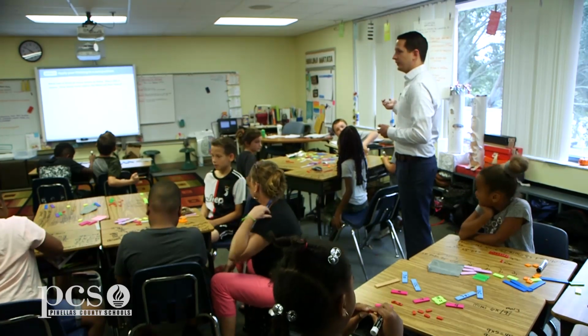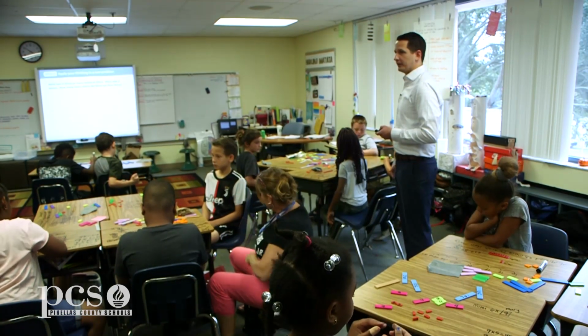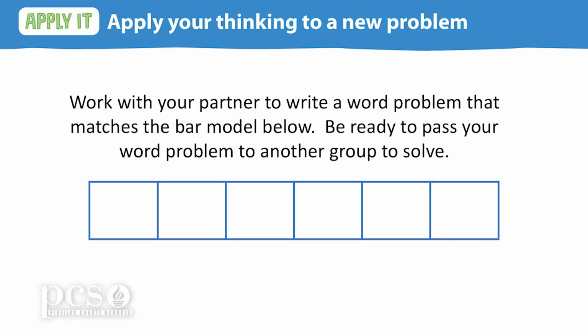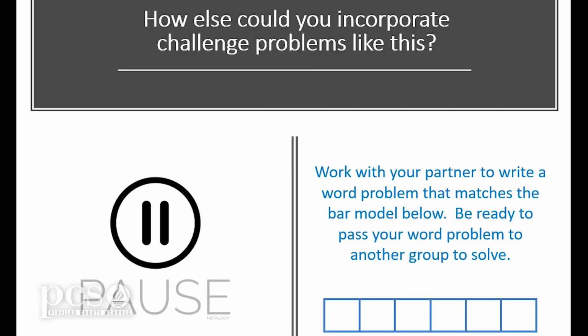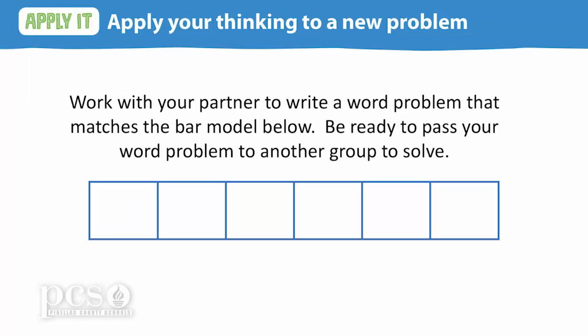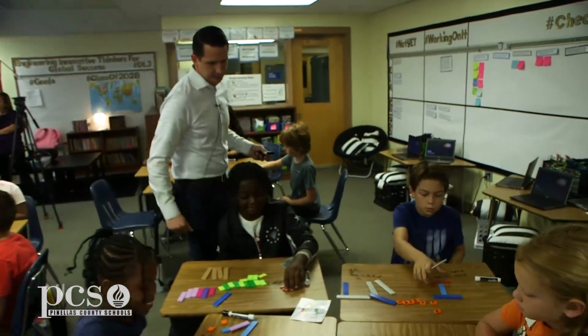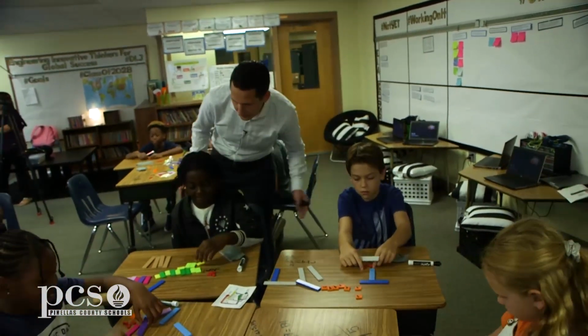And once I see that you've got it, I'll say, go ahead and start the challenge. You can work with someone at your table, build this model, and you're going to write your own word problem on your table to match it. You can work by yourself, or you can work with a partner at your table. Good. Did you represent yours yet?